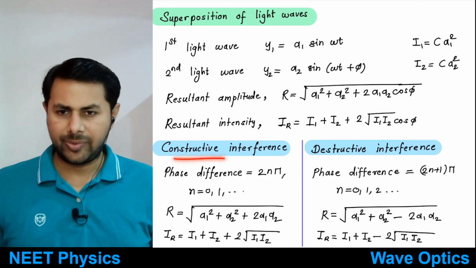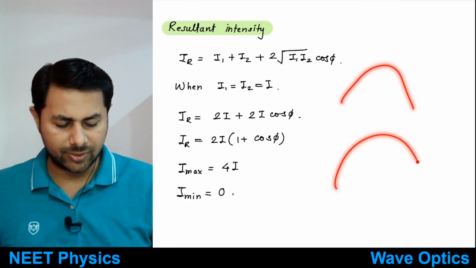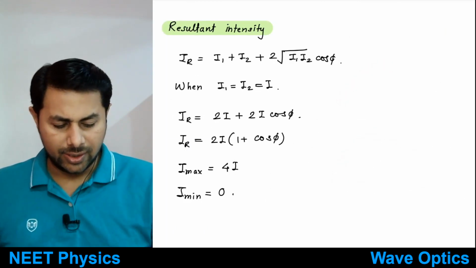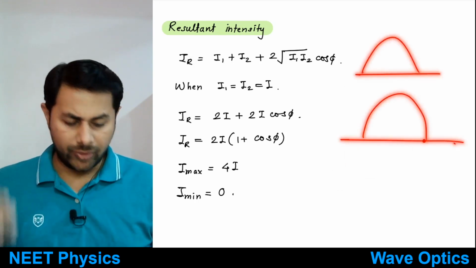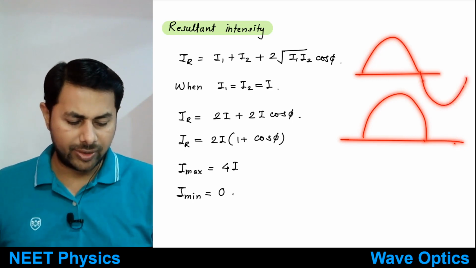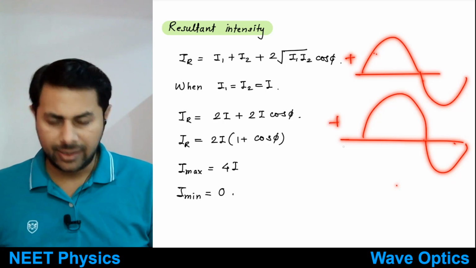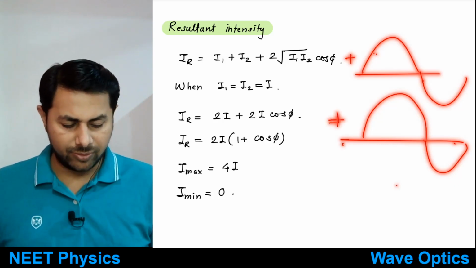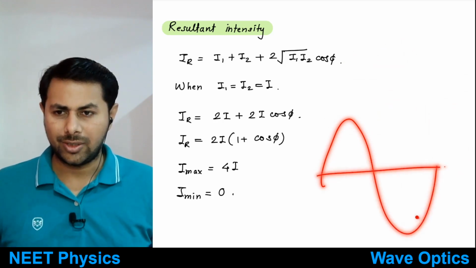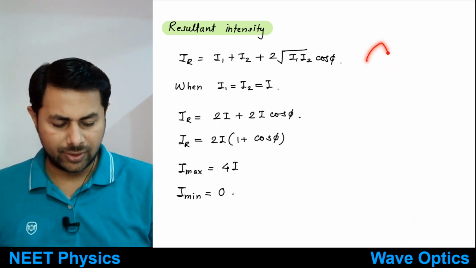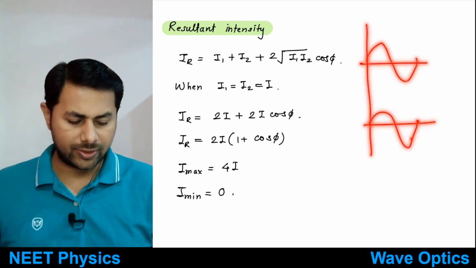Constructive interference means, as we have studied, that the crest of the first wave falls on the crest of the second wave, and the trough of the first falls on the trough of the second. So the displacements of the two get added up in a positive manner, and therefore there is a big displacement.